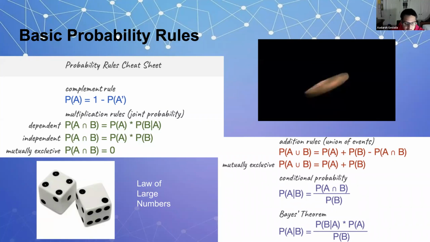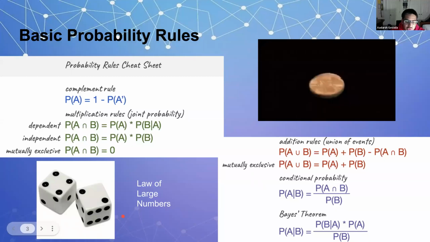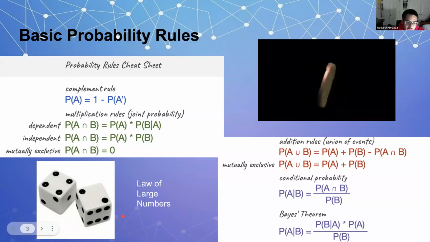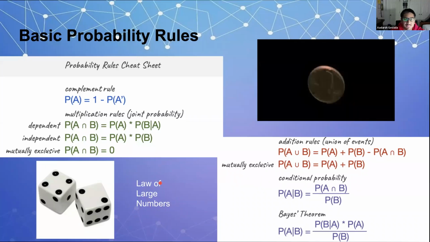But if you flip that same coin instead of twice, hundreds of thousands of times, let's say 300,000 times, it's going to be pretty close to 150,000 heads and 150,000 tails, because that's getting closer to the actual probability. The more times you run a trial, the closer the frequency of an event happening gets to the actual probability of that event happening. That is the essential claim of the law of large numbers.